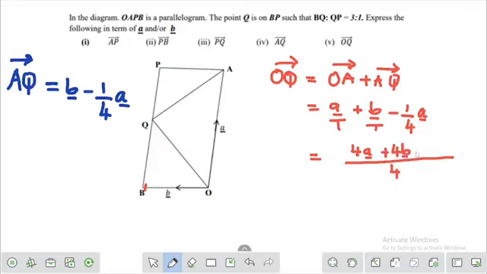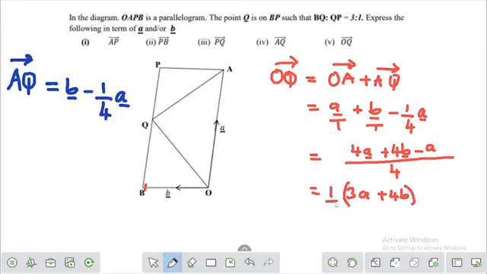Then minus, 4 into 4, it's 1 times 1A, you get just A there. So from here, 4A minus A, we are going to get 3A, then plus 4B, over 4. Then we can put it in brackets like this.